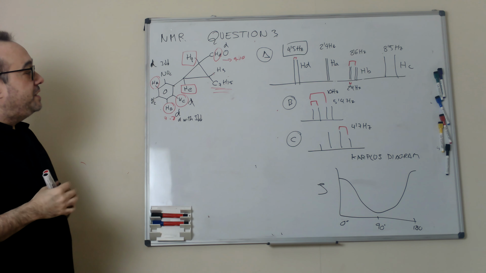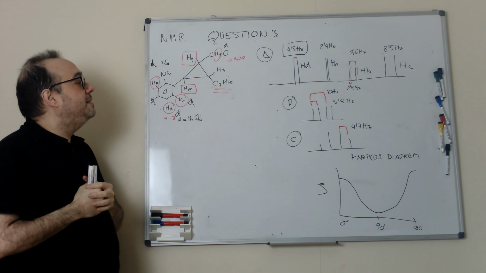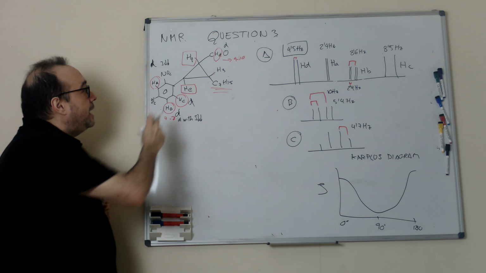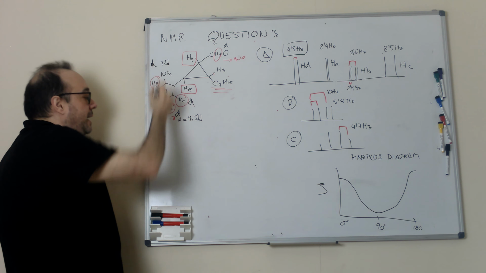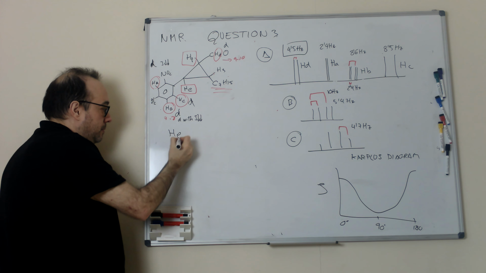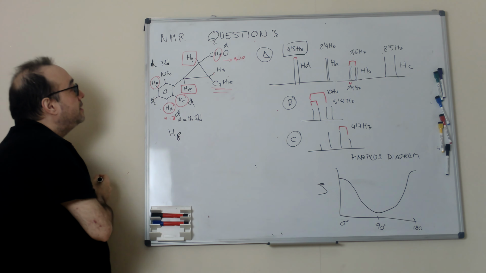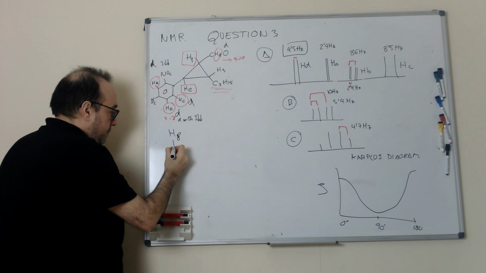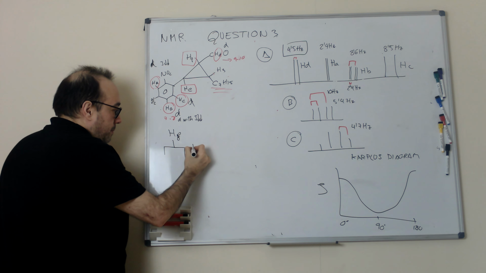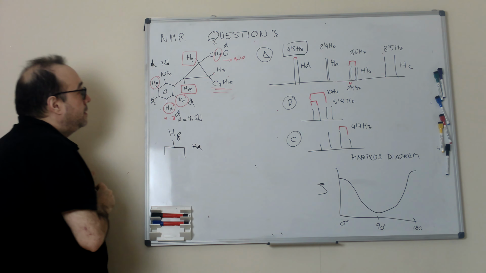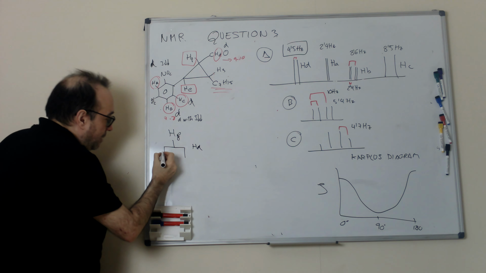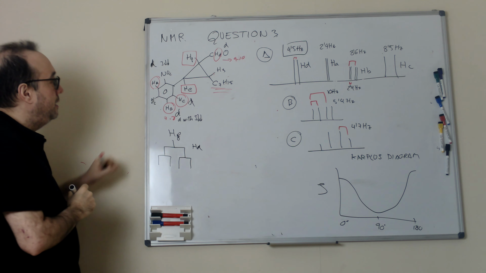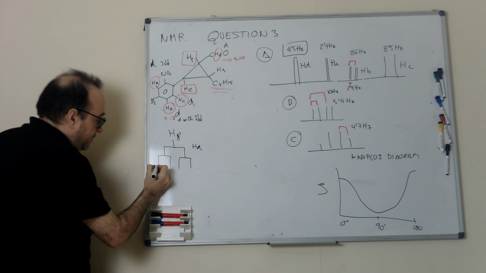In order to know which is each one, basically what we will do is check the coupling tree of each one. HF, sorry, will couple with HD, a doublet, will couple with HE, a doublet, and will couple with HG.